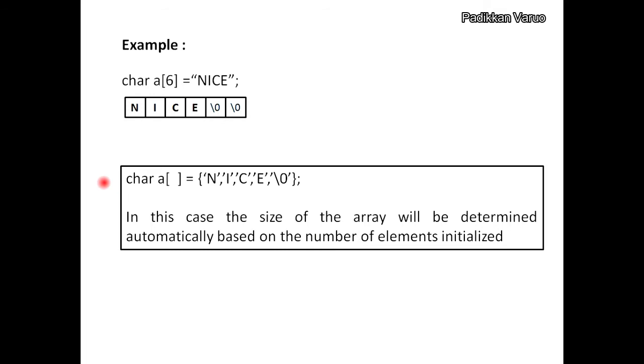After NICE, you can see \0, that is the end of the string. Another representation is one where the size of the array will be determined automatically based on the number of elements initialized. In the second case, you can see that I have not specified the size of the array. It will get automatically determined based on the number of elements initialized. So these are the two declarations with initializations of the string.